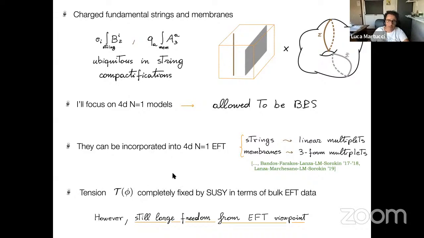So even if supersymmetry provides such a strongly constrained effective field theory, it still leaves a large freedom from a purely four-dimensional viewpoint.